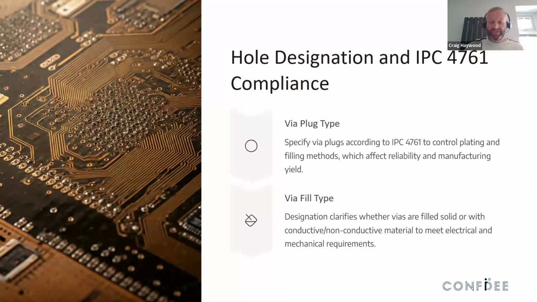So via plugging is generally the more cost-effective version of hole filling, but it doesn't have the same functionality in assembly, which is why you will pay more for a via fill type. But again, the IPC 4761 standard has clear diagrams and dictates what is required for each one, and our manufacturers can offer the full range of plugging and filling types there.